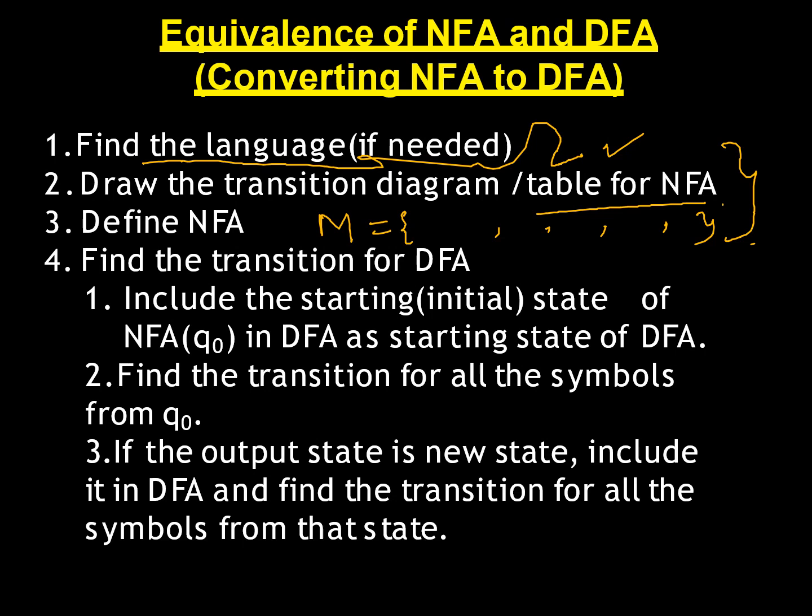So how will we convert the NFA to a DFA? From the NFA we need to find the transitions for the DFA. First, include the starting state of the NFA. You have a starting state in all finite automata, so take the starting state of the NFA, Q0, as the starting state of the DFA.